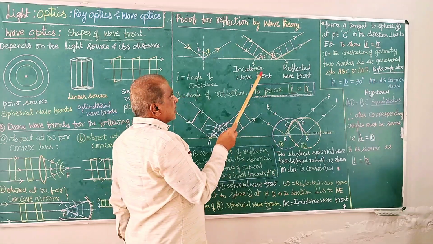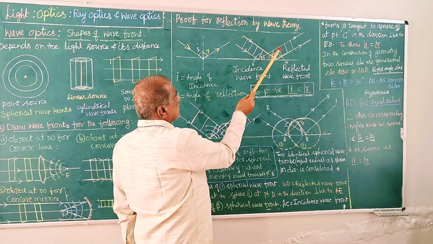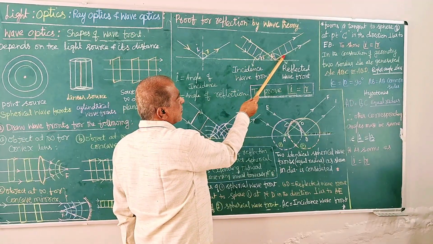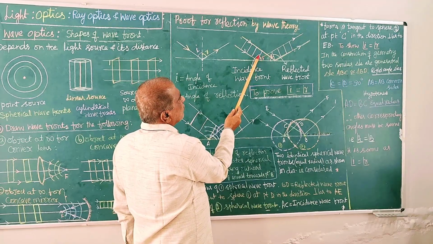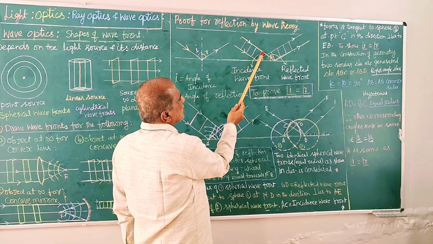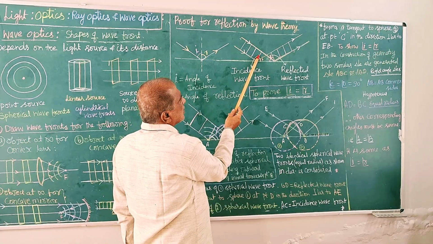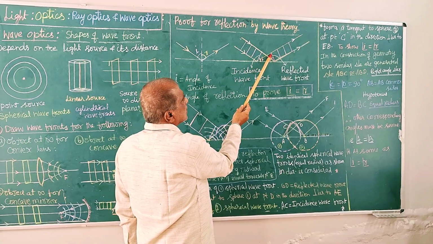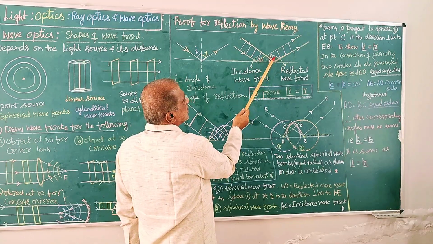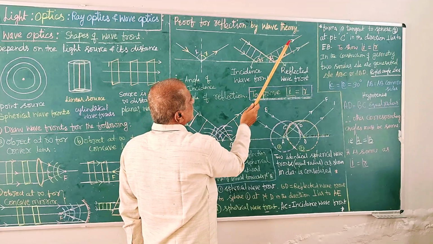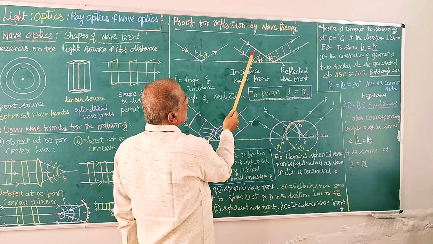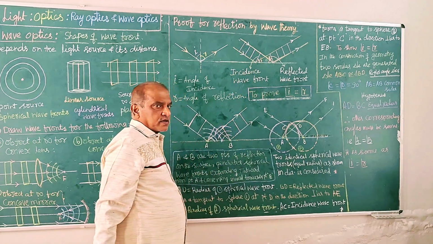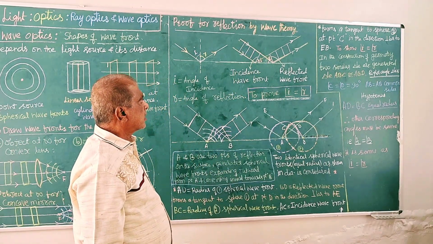Of course, the distance between these two remains the same even after reflection. The planar wavefronts are perpendicular to the rays. Here they change like this. These are the reflected wavefronts. These are the incident wavefronts before reflection.